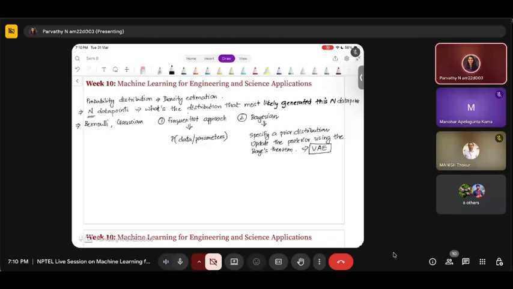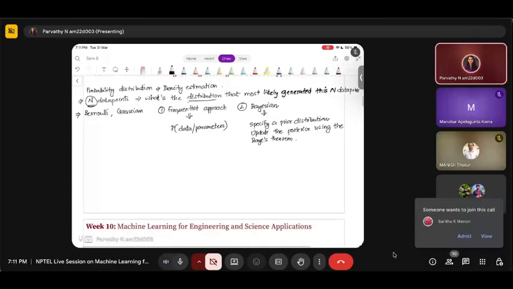So there is some optimization that happens there. This is one example where you can see that you are trying to find the distribution that most likely generated the data, given say n data points. So these are the two approaches.